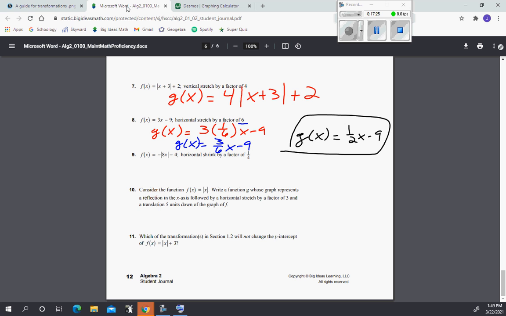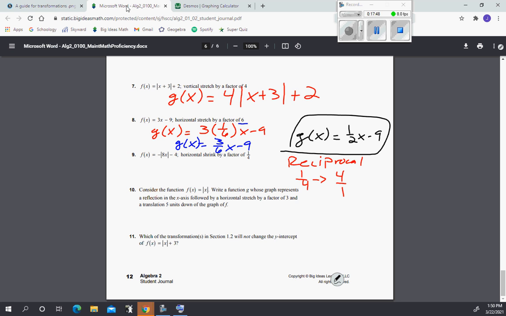And number 9, horizontal shrink. Yeah, we have to think reciprocal, horizontal shrink. We need the reciprocal of 1/4. What's the reciprocal of that? 4/1, or just 4, right?